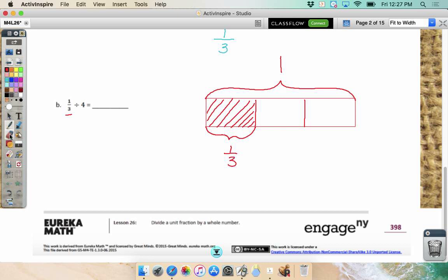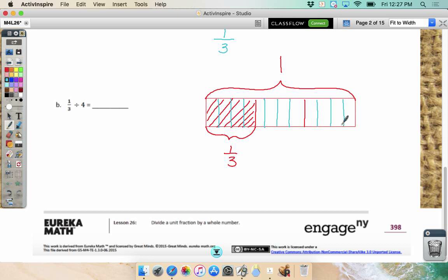Okay, so we've got 1/3 of a pan of brownies left. And we're sharing it with 4 people. Okay, so I have to make 4 equal parts in each of the thirds. And I changed the color of my pen so you could see what I'm doing.